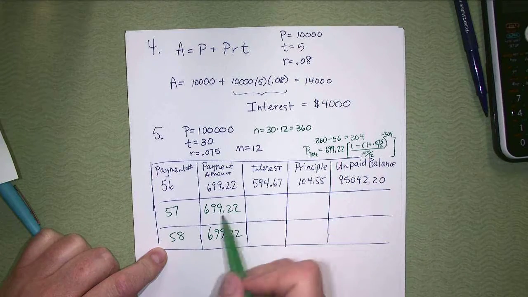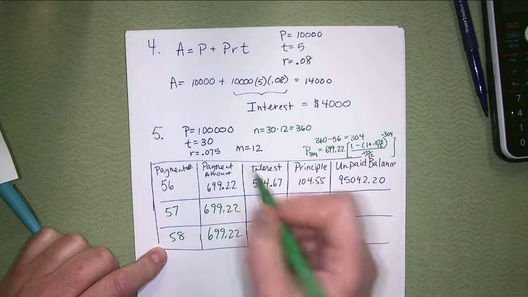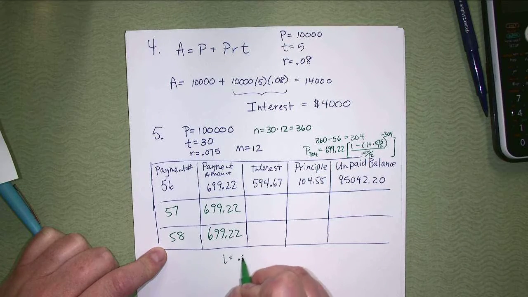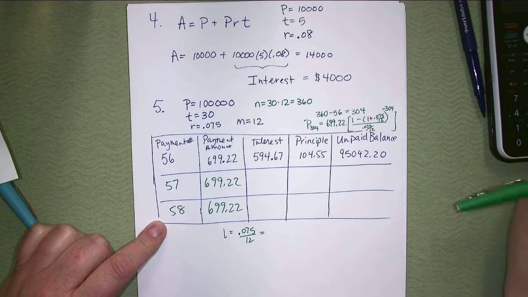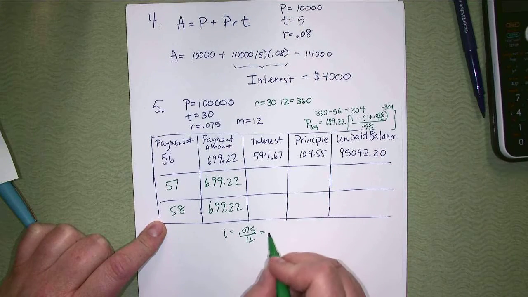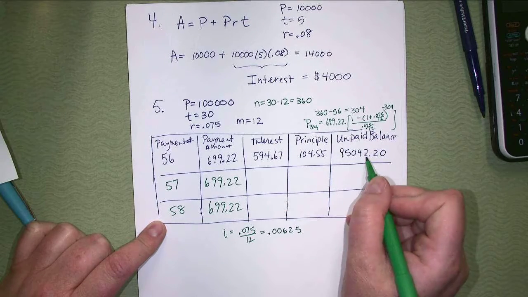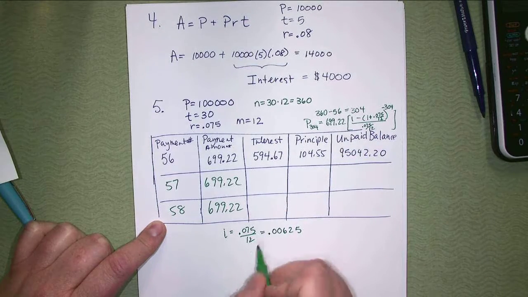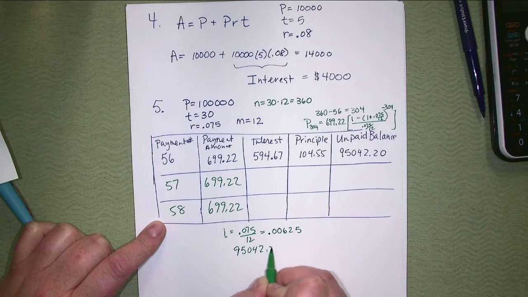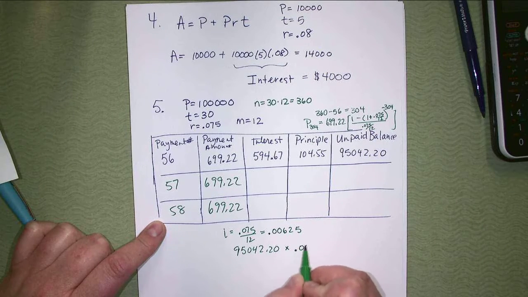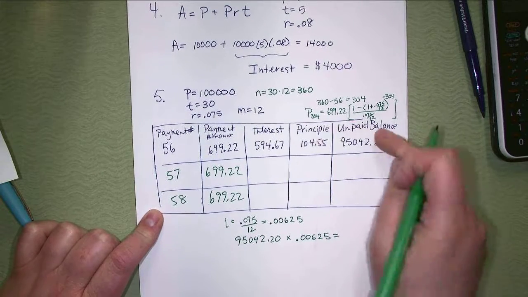So to get the interest, you take your unpaid balance and multiply it by I. So I is 0.075 divided by 12, which is 0.00625. So to get your interest, you multiply this by 95042.20 times 0.00625. And that gives you these numbers, your unpaid balance.